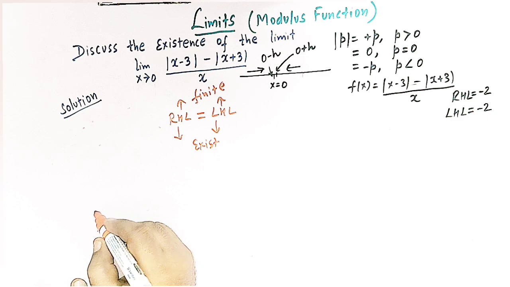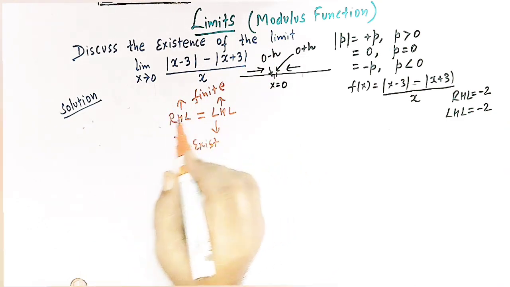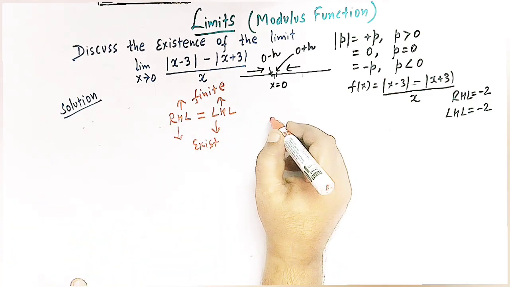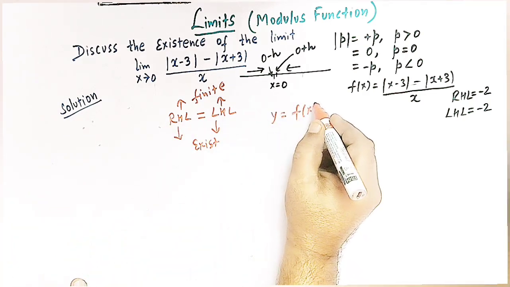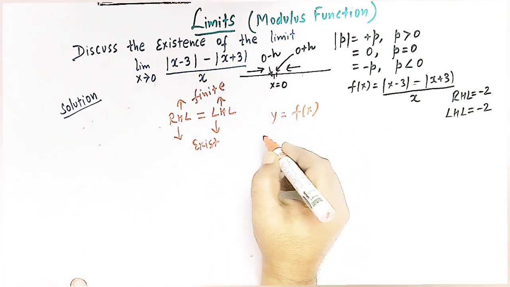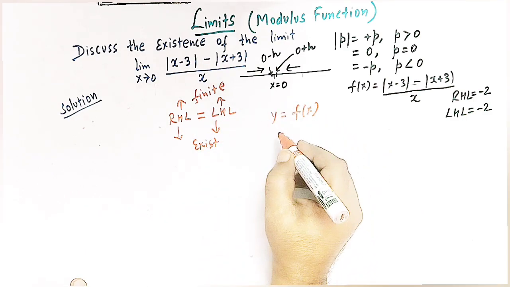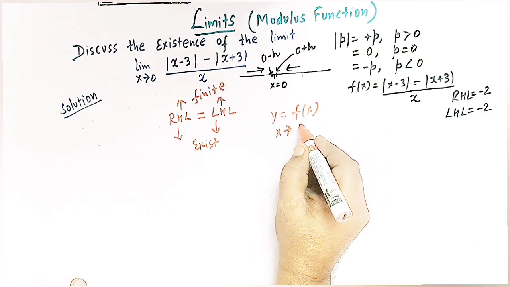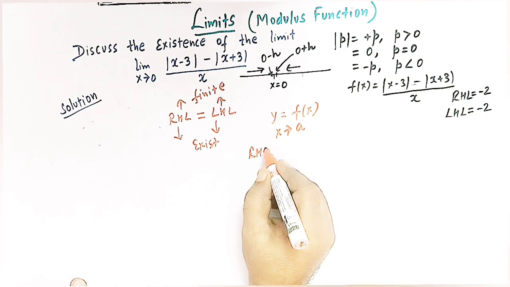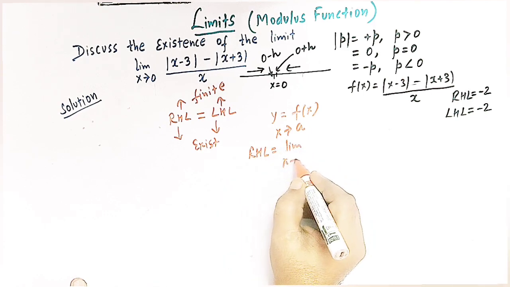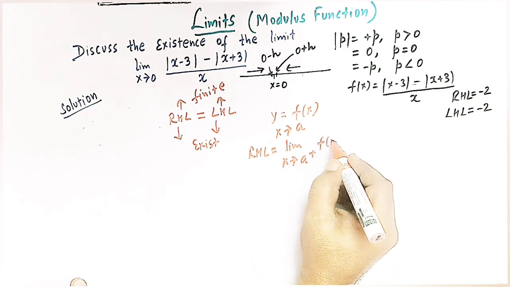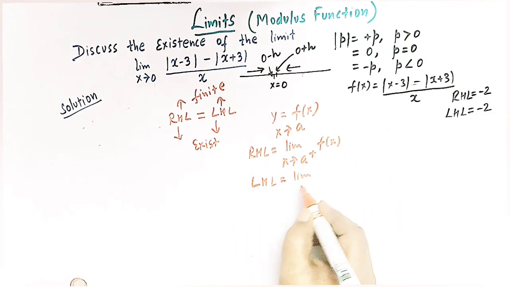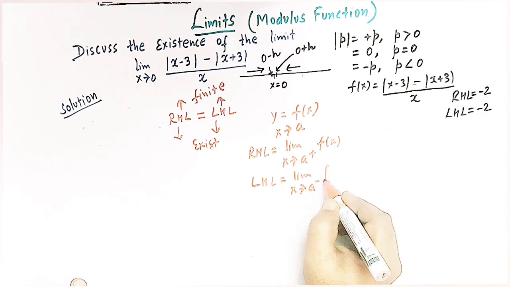So the right hand limit and the left hand limit both exist and are finite, and they are equal to each other, right? So the limit of this function exists when x tends to 0, because if we have a function, say y is equal to f of x, and we have to discuss the existence of the limit of this function when x approaches a, then we find the right hand limit, which is given by limit x tends to a positive f of x, and then we find the left hand limit, limit x tends to a negative f of x.